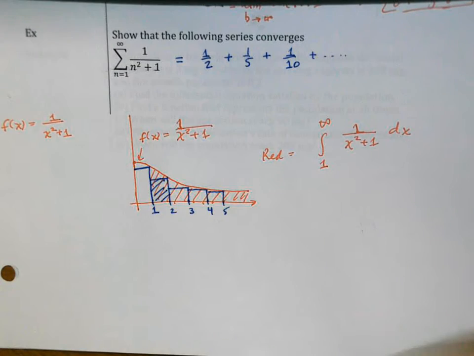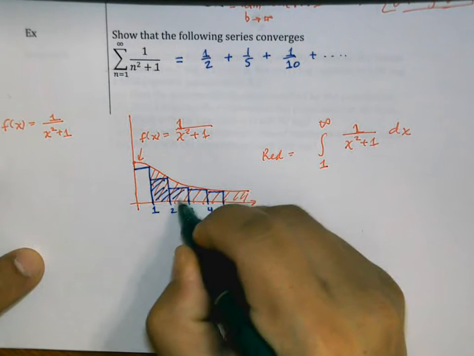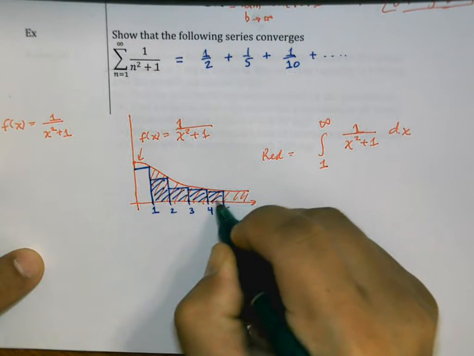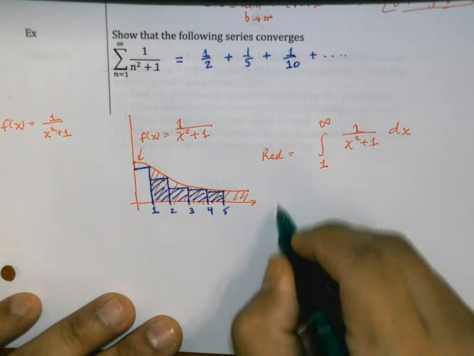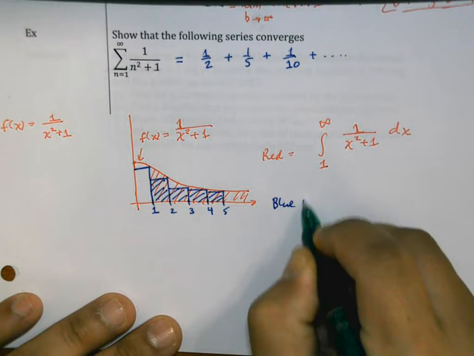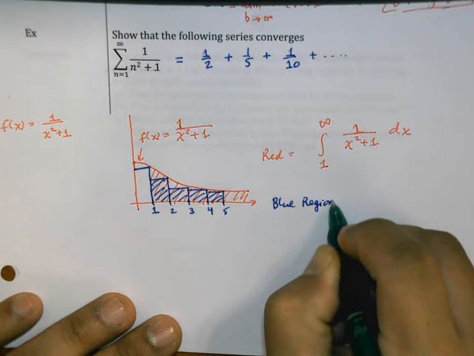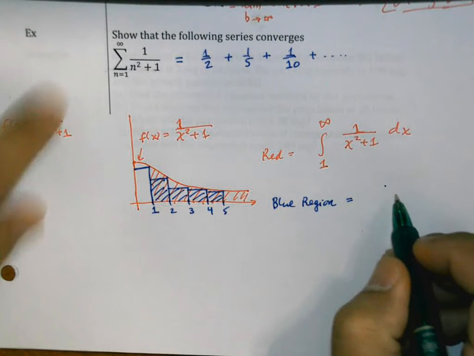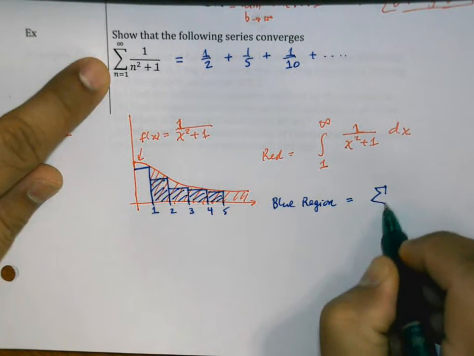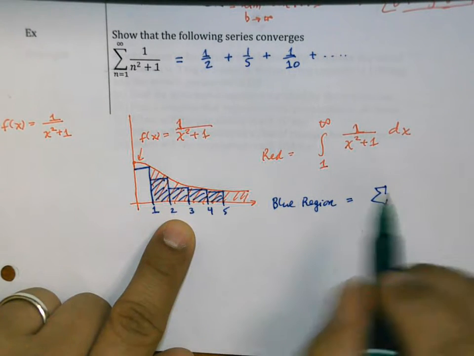And the blue region here, like so, is equal to this series, however, starting at 2 instead of starting at 1.